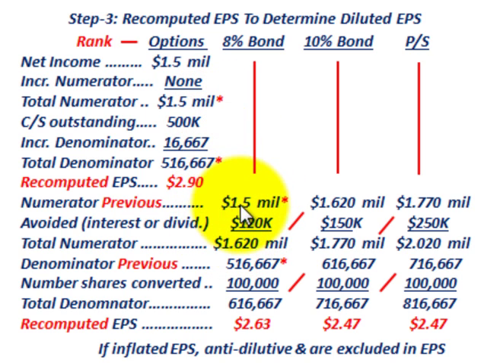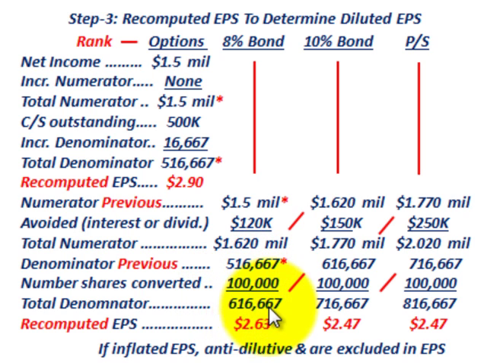You can see how it worked off our options. We take the previous amount, and what we avoided in interest, we add to it to come up with our total numerator. Same thing goes for our denominator. We work off the previous amount, 516,667, and then add to it the number of shares that were converted for this 8% bond, let's just say 100,000.